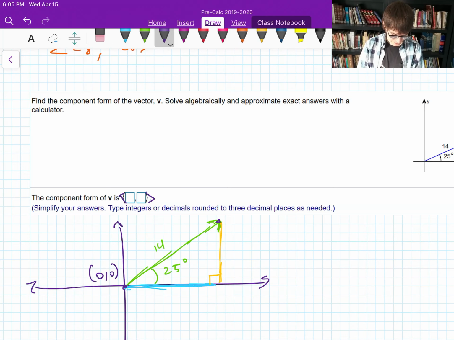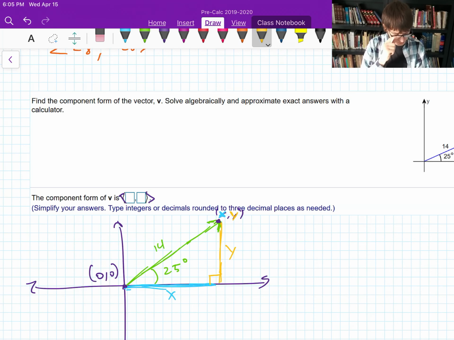So we have to figure out how far it is. Let's say this is x and y. If we can figure out how far x is, and how high that point is, then we've got y. And we have the point itself, and that's all we need. We can plug that in and we'll be done.